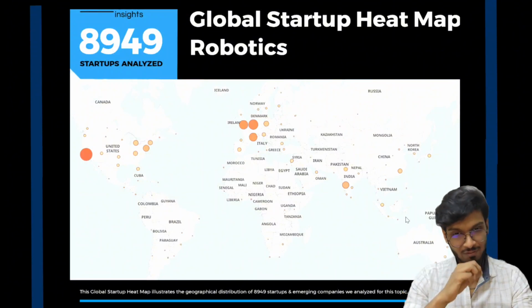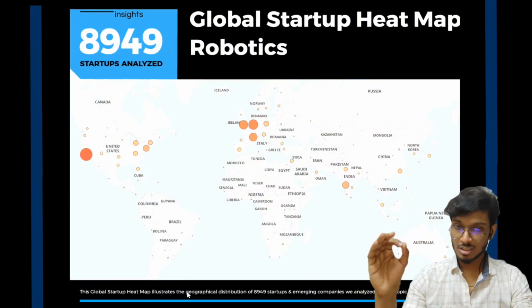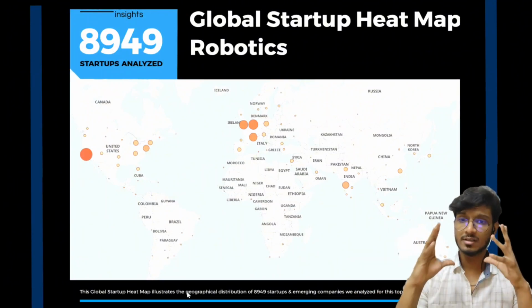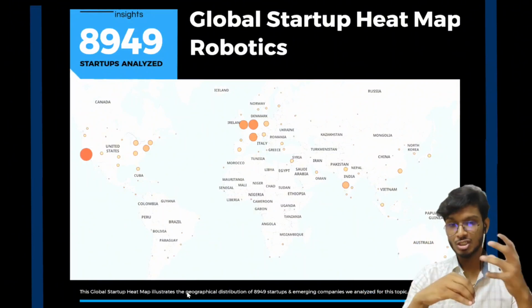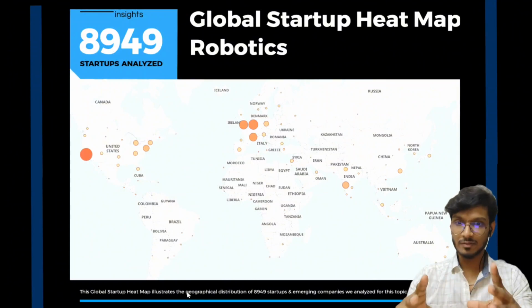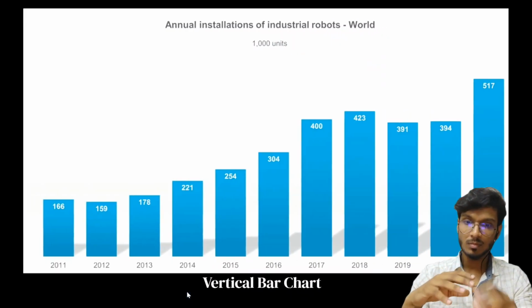So it means that there are very minute uses of robotics in that area. This global startup heat map shows the geographical distribution of more than 8,949 startups and emerging companies we analyzed for this topic. The data has been taken from August 20th of 2023.